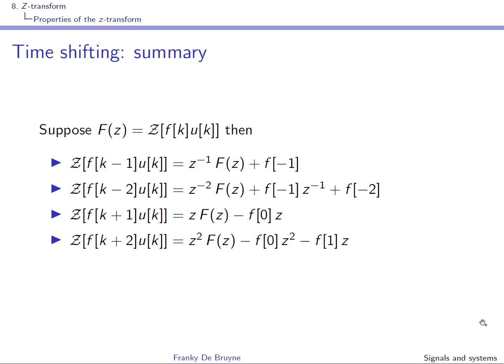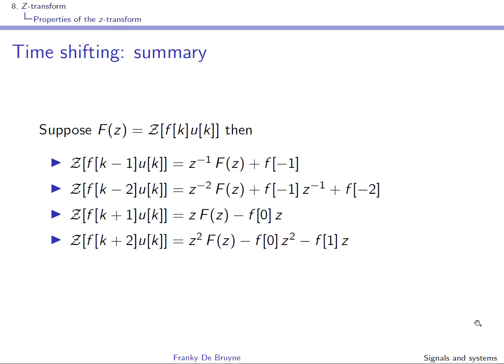Anyway, please do not learn these formulas by heart. Be able to find these formulas using the arguments that have been given here in the course. At least you will not make mistakes at the beginning of an exercise at the time of the exam.